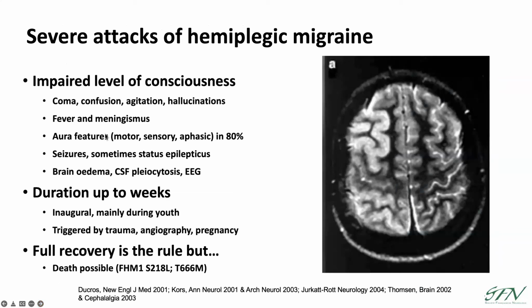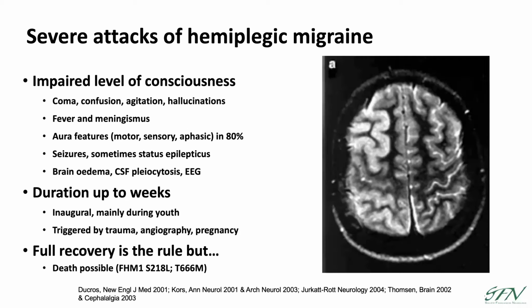Because of this susceptibility to cortical spreading depression in hemiplegic migraine, there is a risk of what is called severe attacks of hemiplegic migraine. One can say that normal attacks of hemiplegic migraine are severe, and I agree, but the patients are at risk of more severe attacks.